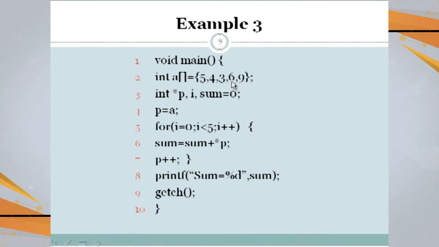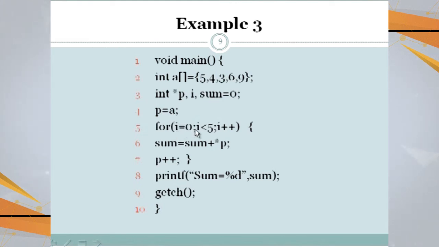It is not necessary to always initialize the array to 5 elements. Then we have declared a pointer variable *p. I is a loop counter and sum equals 0, and the sum variable will hold the sum of all elements of the array. Then pointer variable p is initialized to A, that is the starting address of the array.